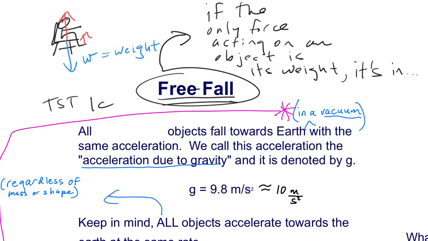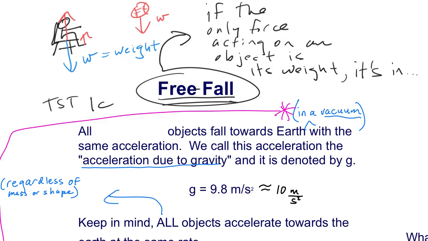So think of a baseball dropping. Okay, if the only force acting on it is the baseball's weight, then it's in free fall. If it's resting on the ground, the ground's pushing up against it, and it's not in free fall. Its weight and the ground pushing up against it cause it not to be in free fall.